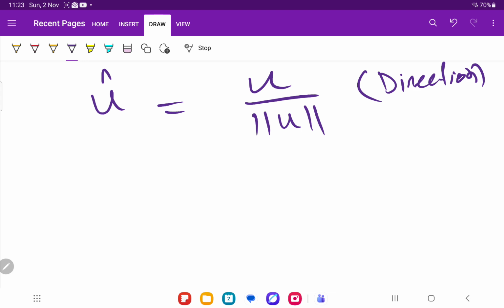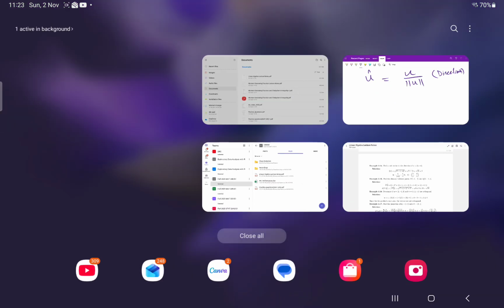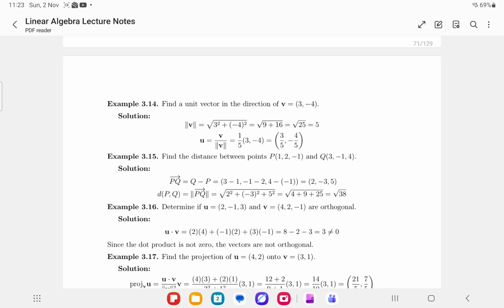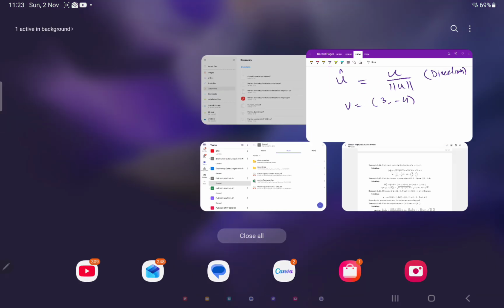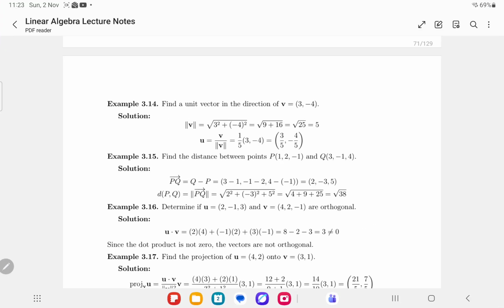For example, if we are just trying to pick one vector, for example, v is equal to 3, minus 4, I think so, 3 minus 4.